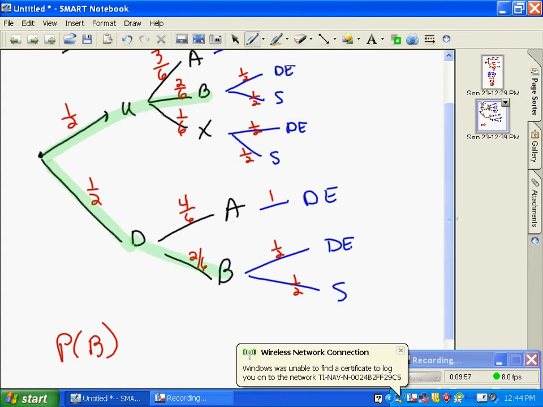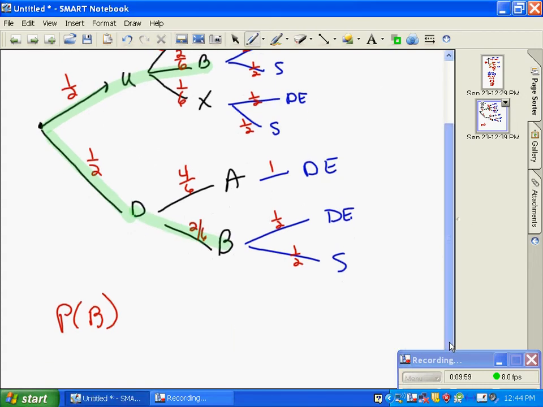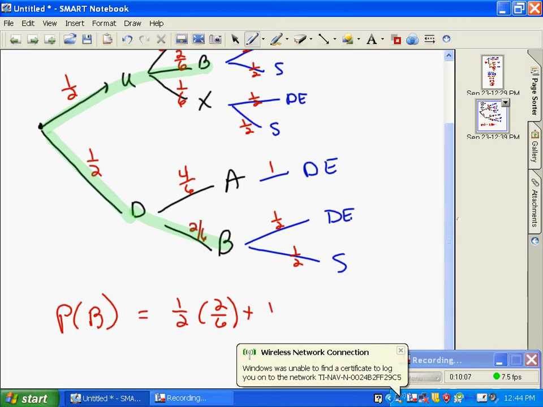So if I look at that, how did I get in that top branch? Well, that's going to be 1/2 times 2/6, and the bottom branch would be 1/2 times 2/6. Okay, so let me reduce those fractions.